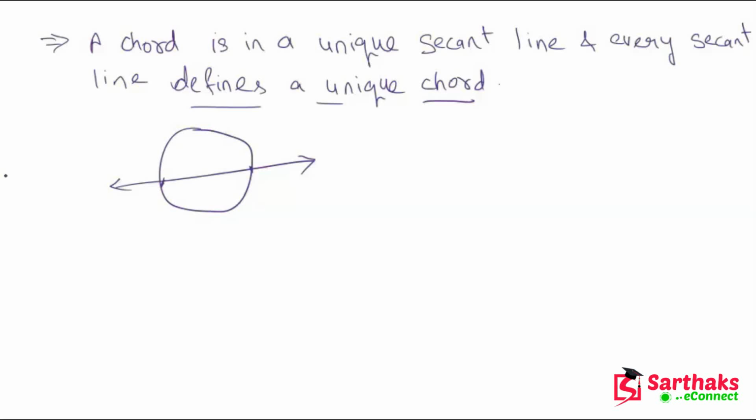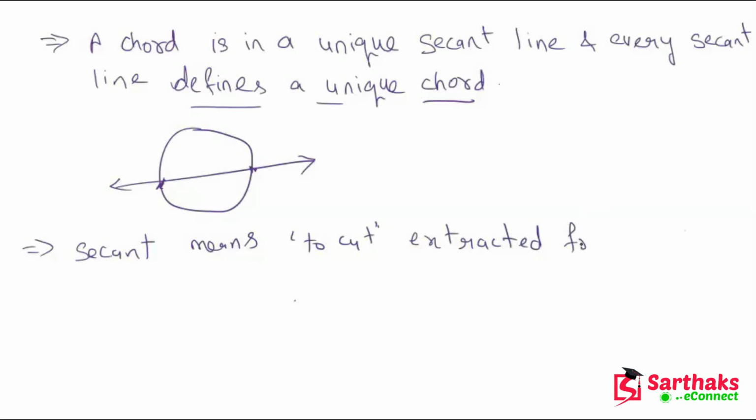Okay, so my dear friends, in geometry, a secant is a line that cuts any curve in at least two different points. Secant means to cut, which is extracted from the Latin word secare.